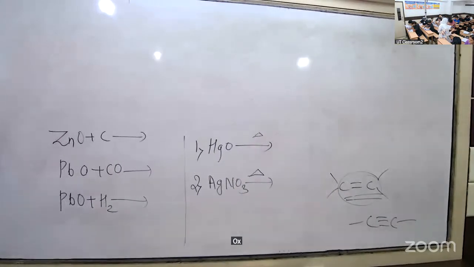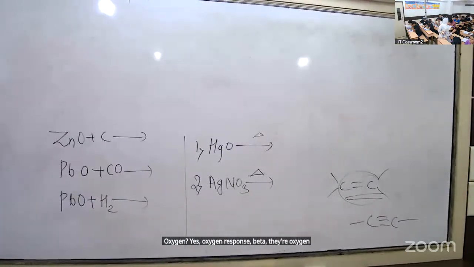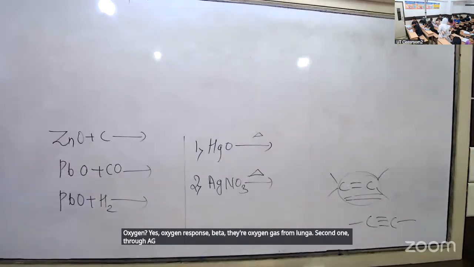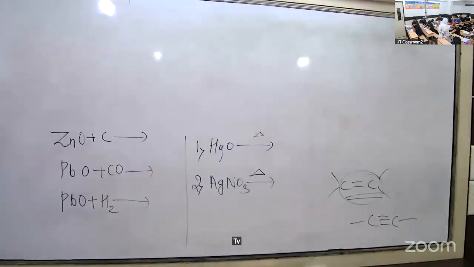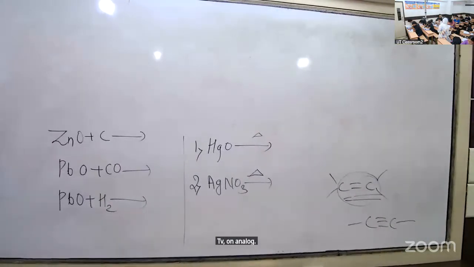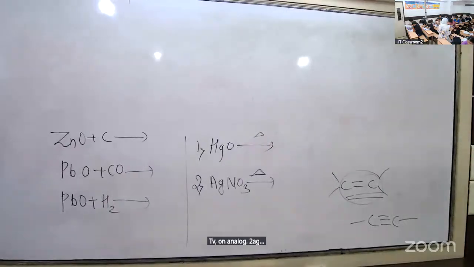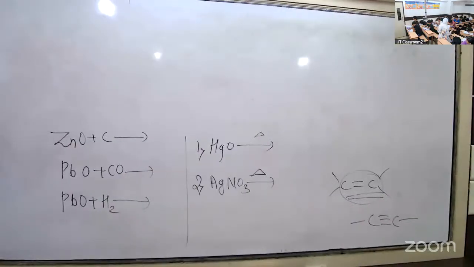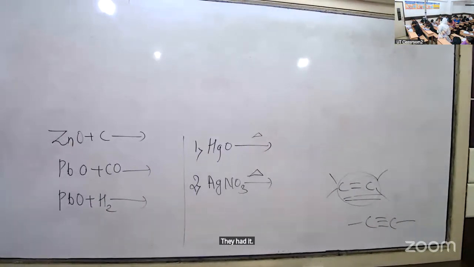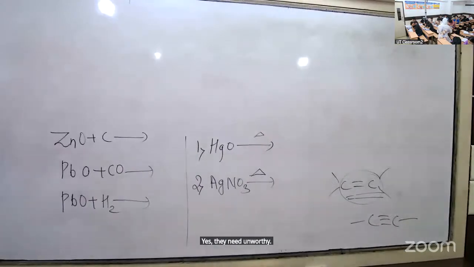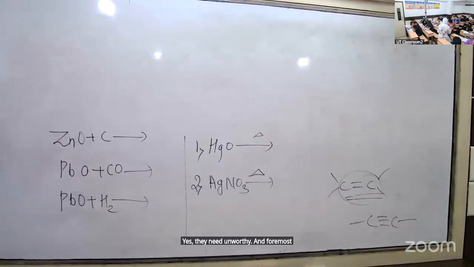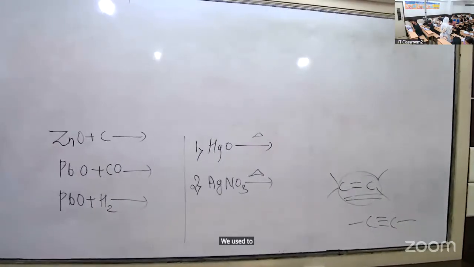Second one: 2AgNO3, on arrow put triangle, giving 2Ag plus 2NO2 plus O2. The nitrate will again decompose to form NO2 and O2 gas. Understood now? So for balancing both of these reactions, we need pink level leaves.